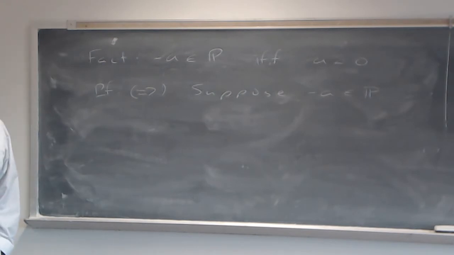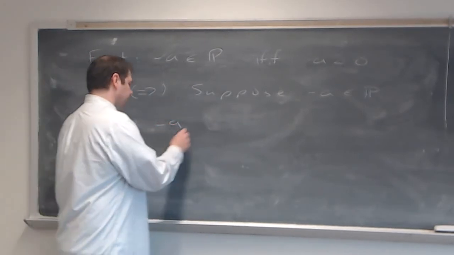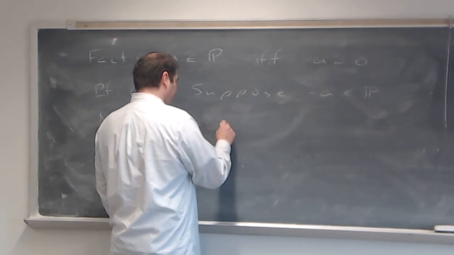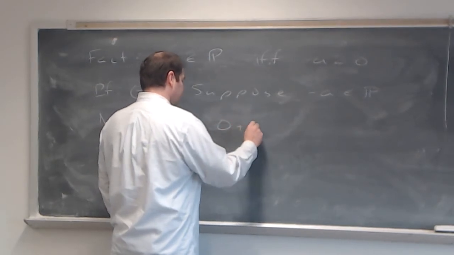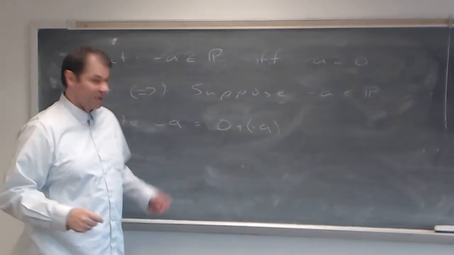What does it mean for A to be less than 0? How can we show that A is less than 0? Well, one way to show it: 0 minus A is an element of positive numbers. Yes, that's right. That is a way of showing it. Well, here, note, minus A is the same thing as 0 plus minus A, because 0 plus something is just the sum.